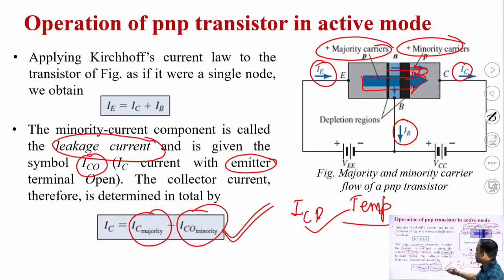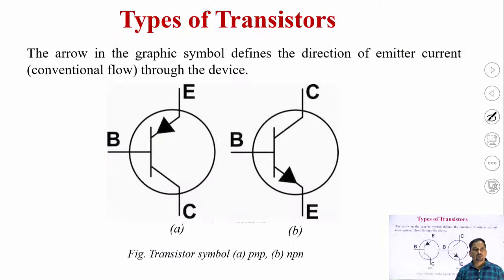The first equation corresponds to the collector current, and the second equation we achieve is due to KCL, that IE is the incoming current and IB and IC are the outgoing currents. So as per KCL, IE equals IC plus IB. This is the operation of the PNP transistor in the active mode of operation.